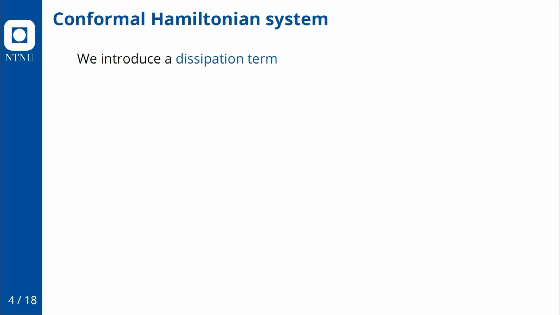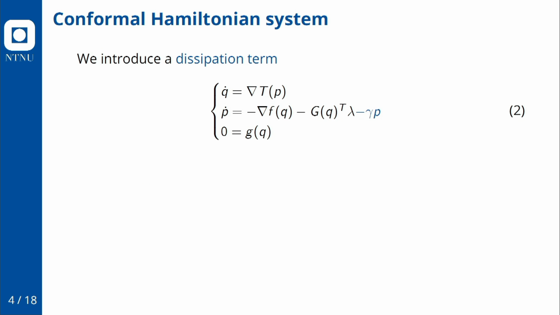We introduce a dissipation term, which is the one you see in blue, together with a parameter gamma, called the parameter of dissipation, which regulates how much the energy is dissipated. It's a positive term, and systems of this kind are called conformal Hamiltonian.